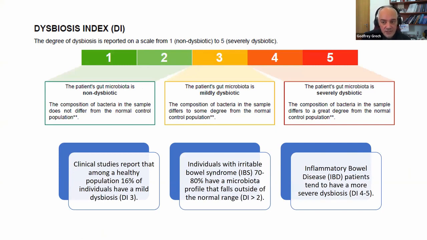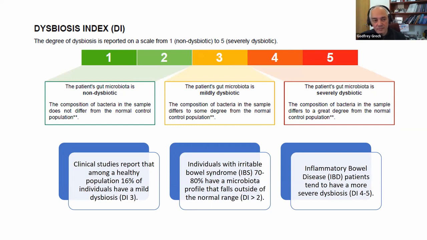So from all this information that we gather from a fecal sample, and we look at the abundance and diversity of these microbiota, then we actually set up an index. And there are three main parts of this index. If it is 1 and 2, it's non-dysbiotic, so it is in balance. If it is 3, there is mild dysbiosis, and if it's 4 and 5, it's severely dysbiotic.